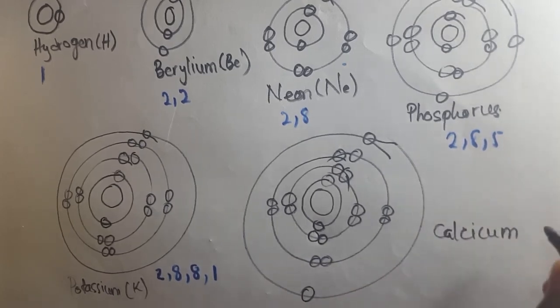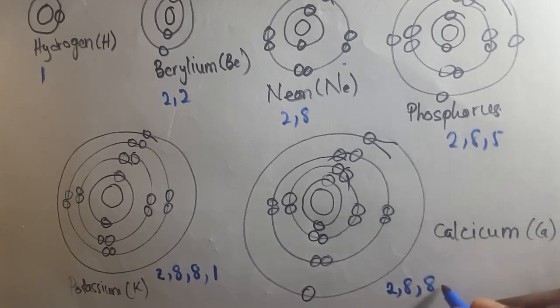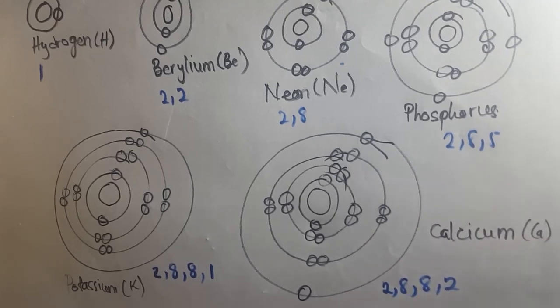Let's look at calcium as well. Calcium also has 2, 8, 8, 2. So it also followed the octet rule.